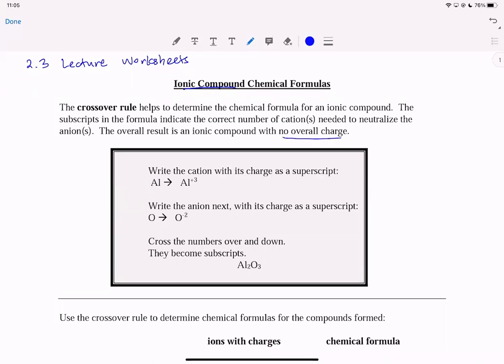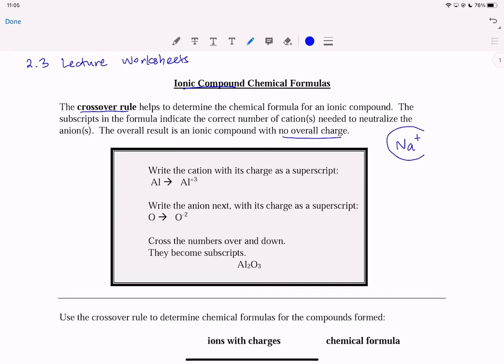And so what happens in this process called the crossover rule is the crossover rule allows you to put together the ions with the correct charges or the correct ratio so that the charges will cancel out so that there's no overall charge. So it's really easy to see that if you have one sodium ion that's a +1 charge, you will need one chlorine ion that's a -1 charge.